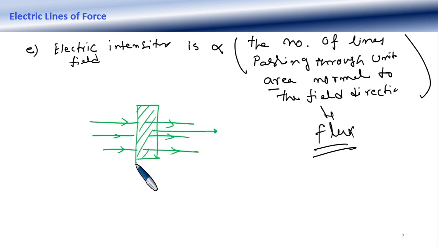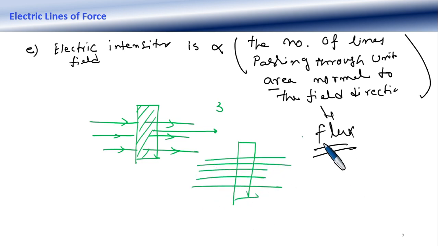The number of lines passing here is 1, 2, 3, so the electric field intensity will be 3. And if we have 5 lines passing, we can say that the electric field intensity is 5.